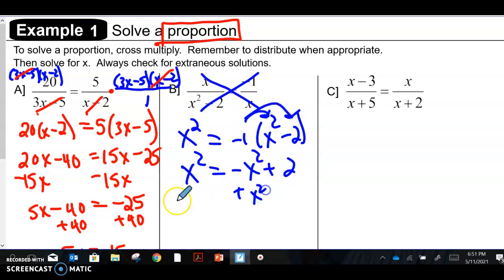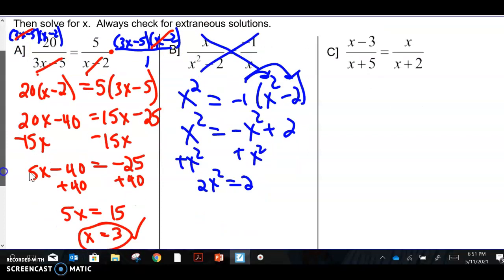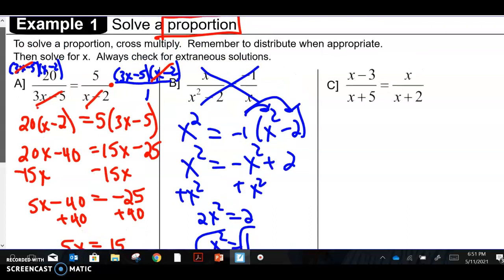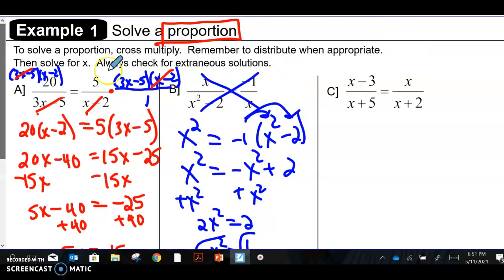If I add x squared to x squared, that gives me 2x squared equals 2. If I divide by 2, I get x squared equals 1. And when I take the square root, I get x equals plus or minus 1. Okay, 1 squared is 1, and -1 squared is 1. I get 2 answers this time.